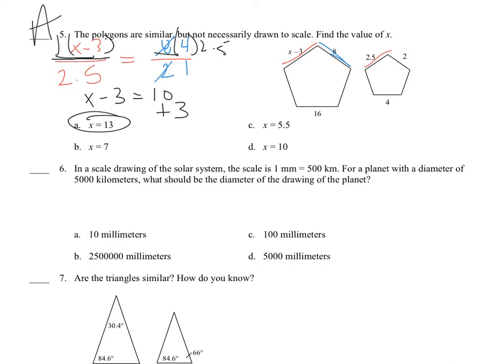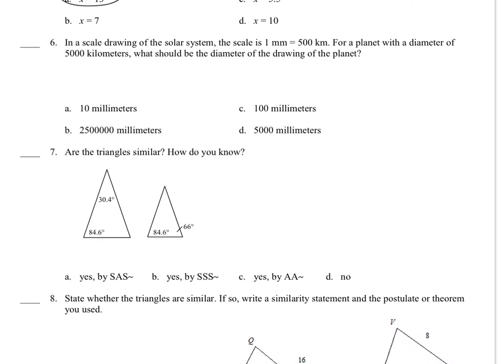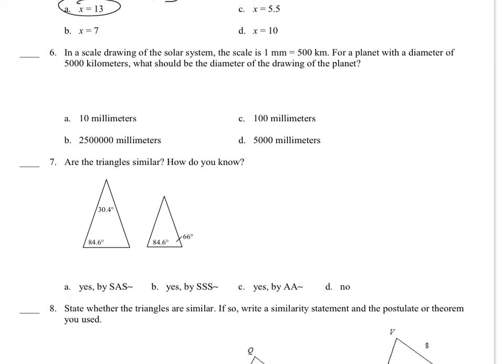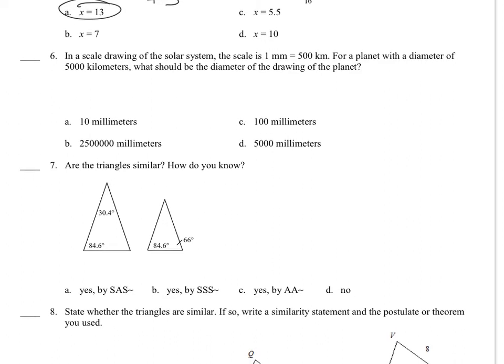Question number 6. A scale drawing of a solar system is 1 millimeter to 500 kilometers. For a planet with a diameter of 5,000 kilometers, what should the diameter of the drawing be? So one thing here, when we're dealing with units, you do not have to change 500 kilometers to millimeters.